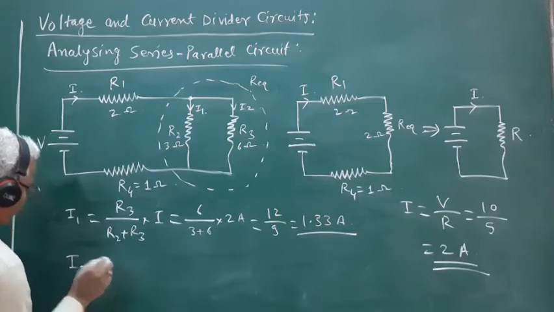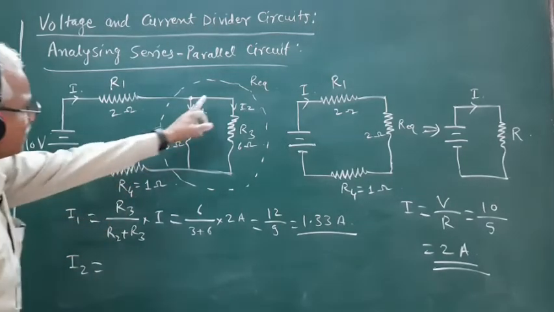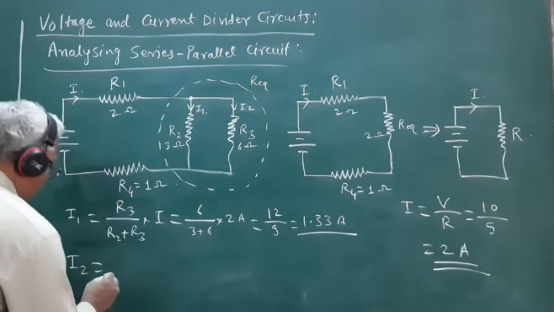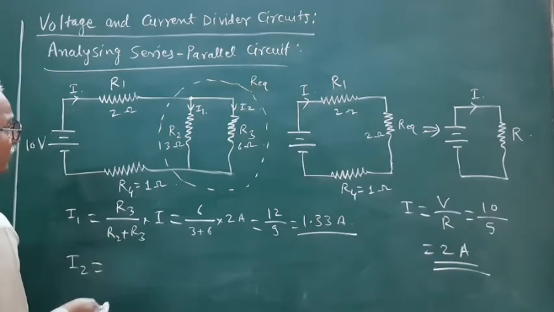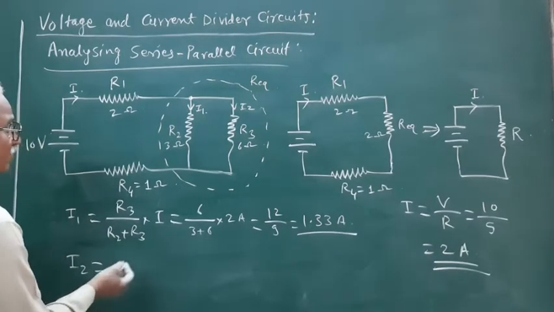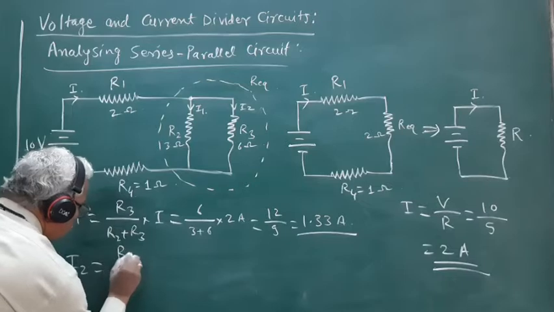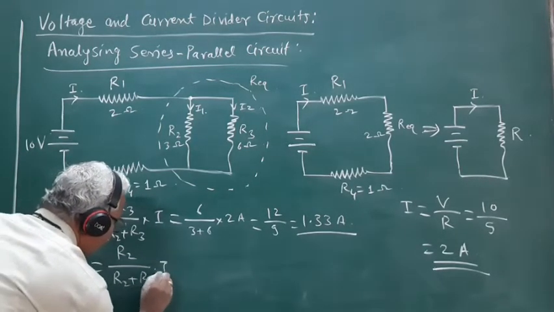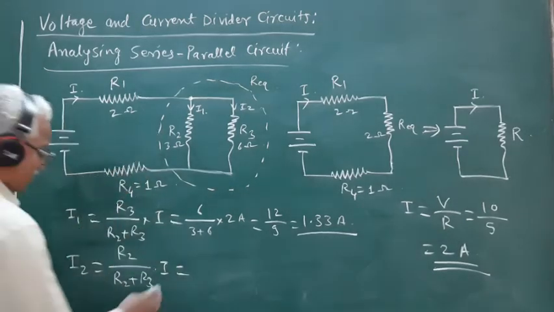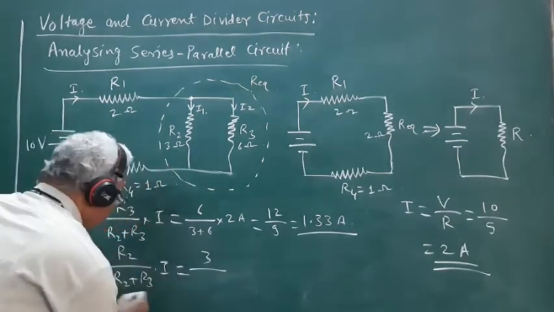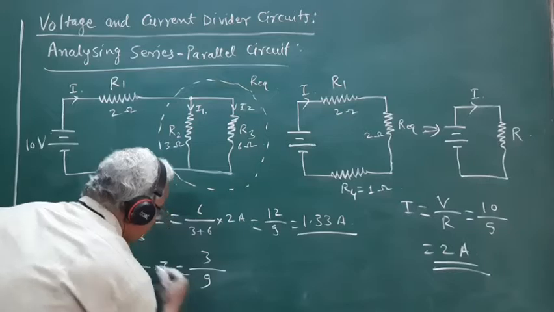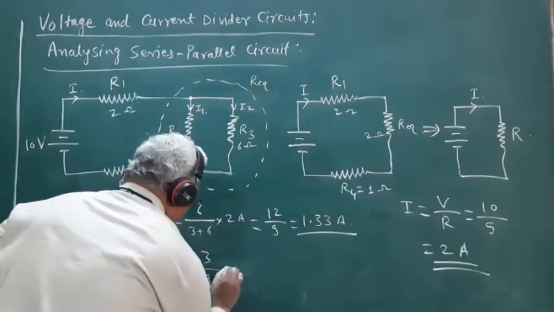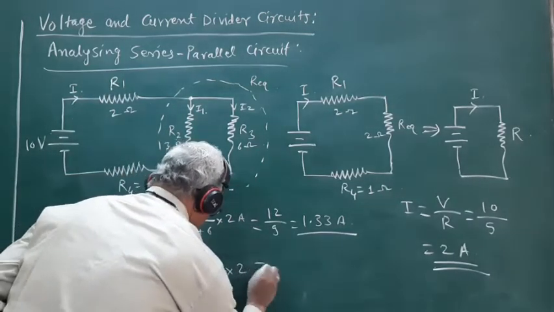However, the current I2 flowing through the resistance R3 works out to be equal to R2 divided by R2 plus R3 into I. R2 is 3 ohm, divided by R2 plus R3 which is 9 ohm, multiplied by I which is 2 ampere.